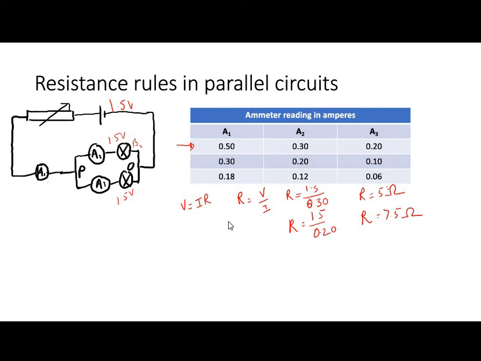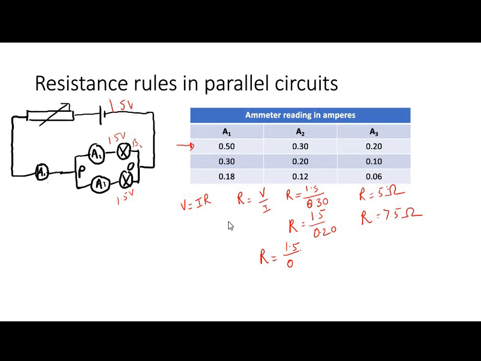Now let's look at the resistance in the whole circuit. So what is the resistance across the variable resistor, for example? Let's do the same calculation but using slightly different numbers. So we've got the voltage still 1.5 volts.